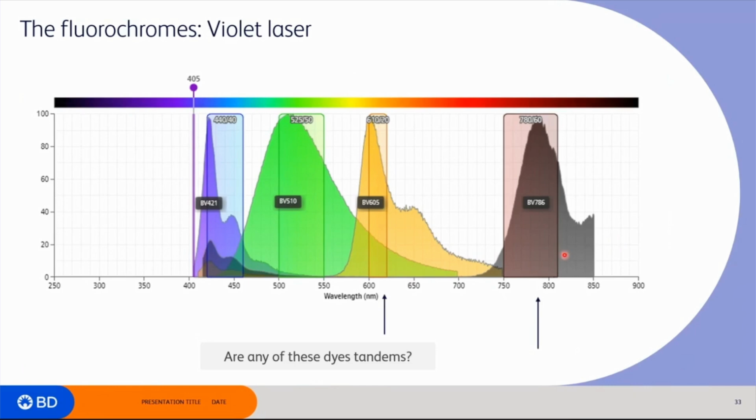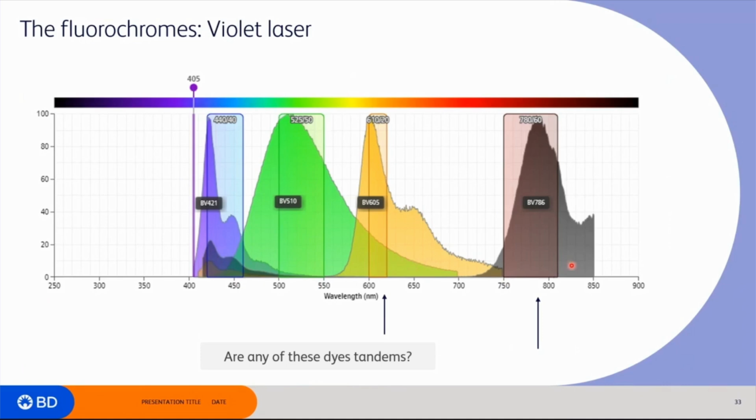But looking closely at the spectrum here for BV605 and BV786, you can see the residual fluorescence in the BV421 channel from both of these fluorochromes, BV605 and BV786.